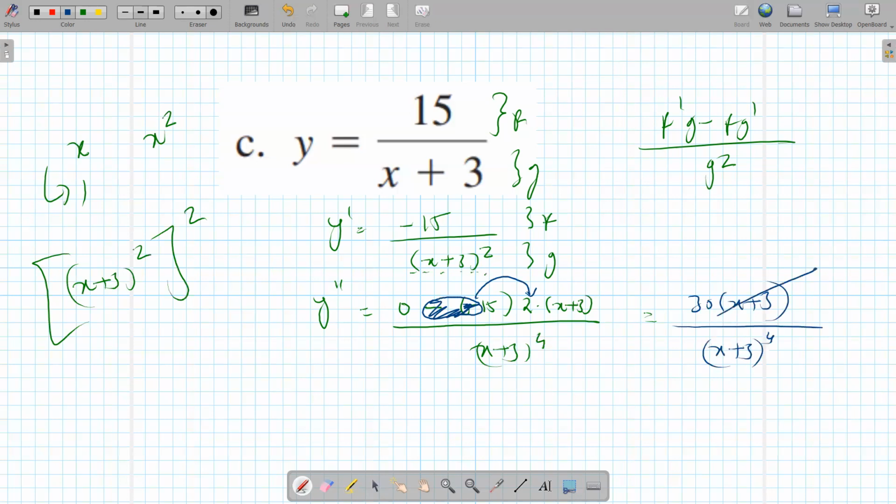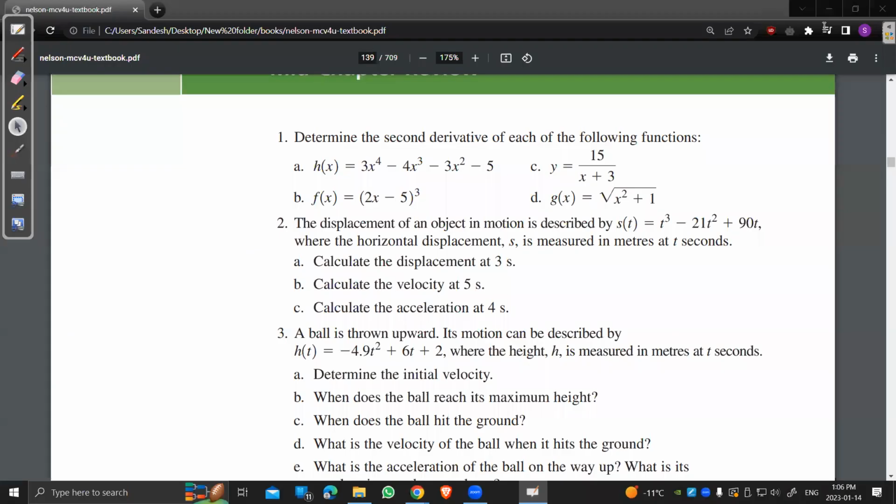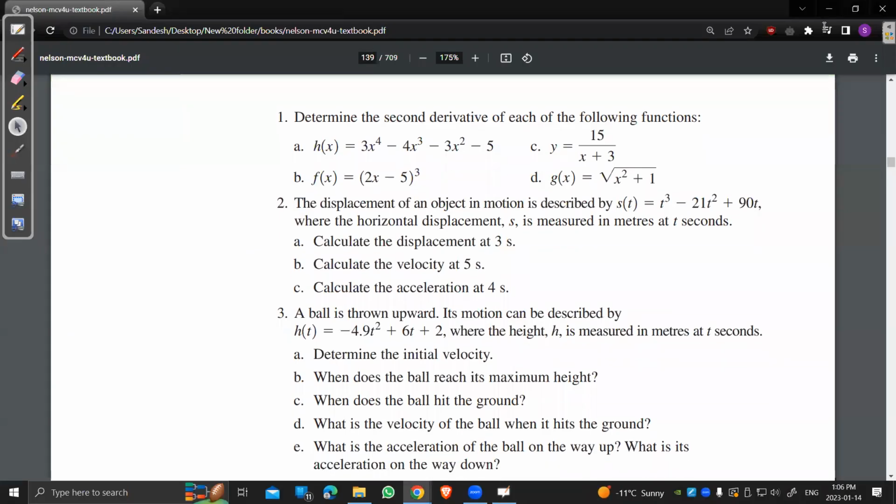One of the (x plus 3)'s cancels out with one in the bottom. So you'll get 30 over (x plus 3) cubed. And you are done. So that's the double derivative using the quotient rule.